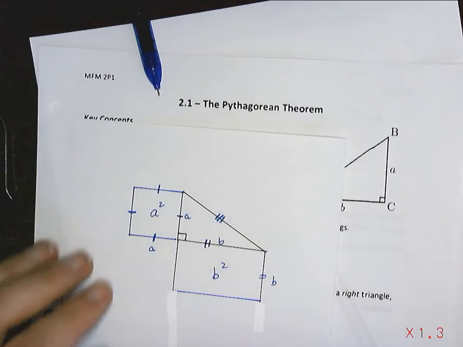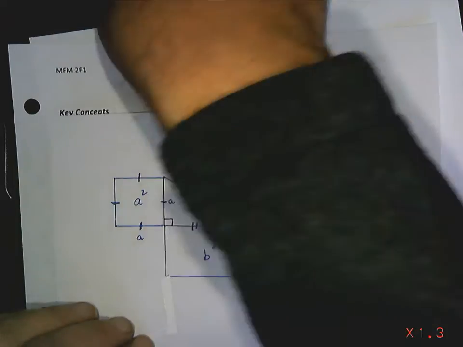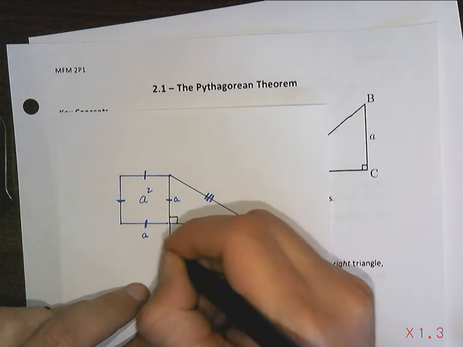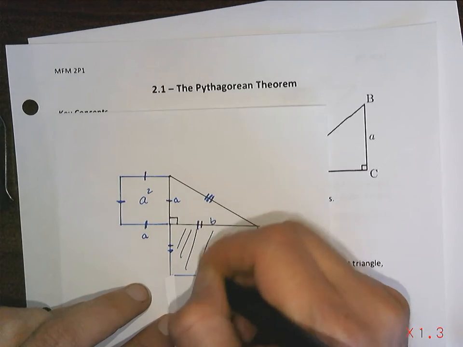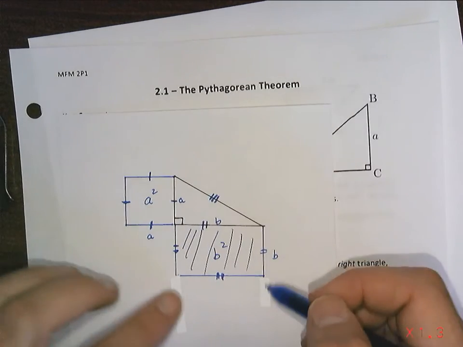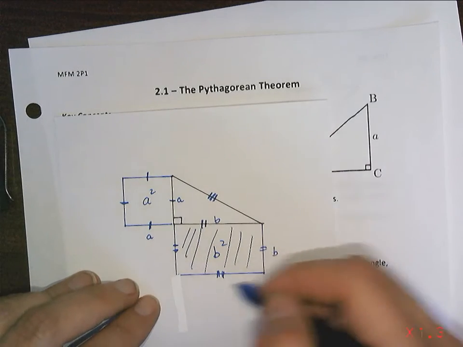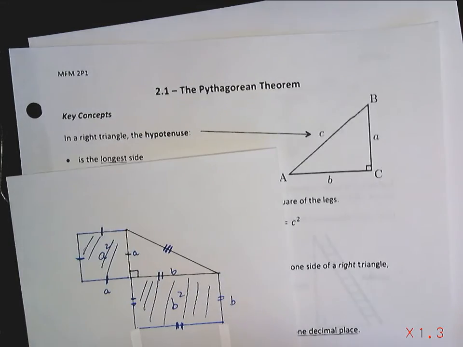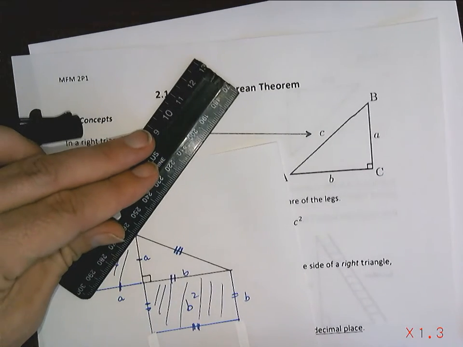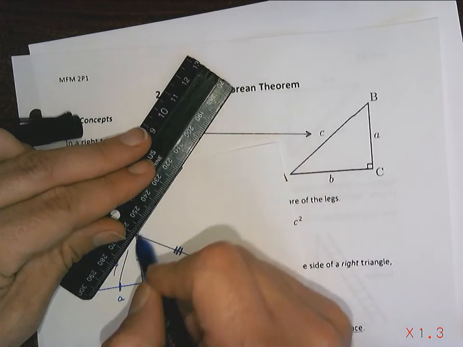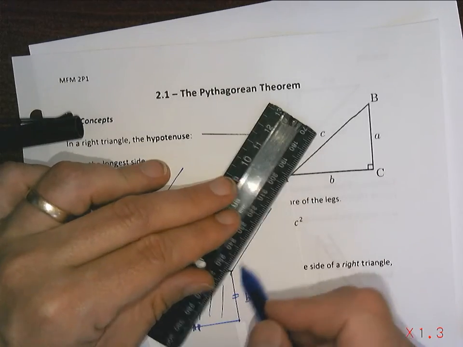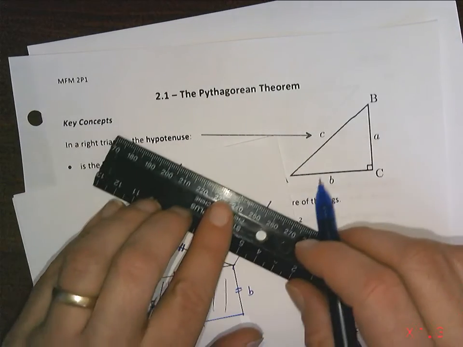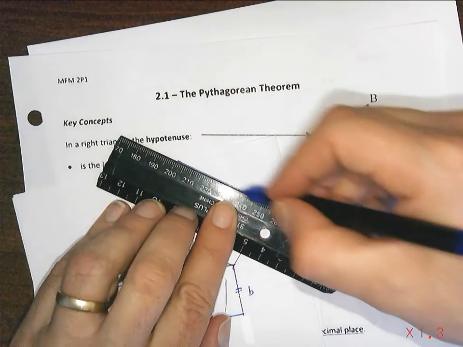All right. And what Pythagoras really found out was that the area of this square, it doesn't look like a square, it should be more squarish, that should come down more, and the area of this square could fit perfectly into the area of the square coming off the hypotenuse.